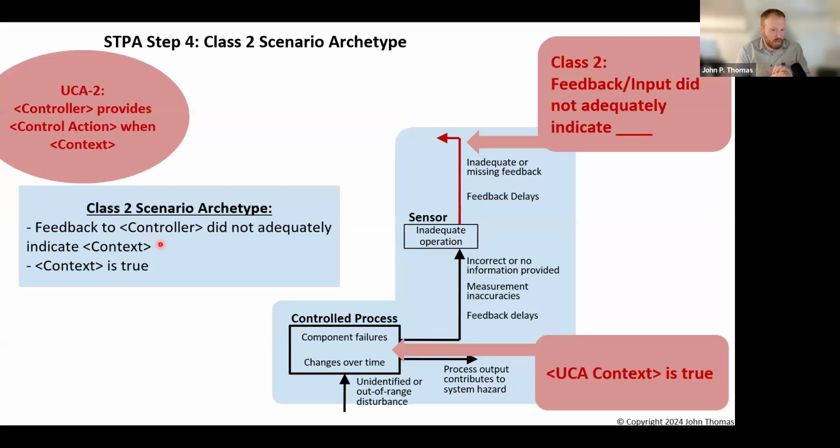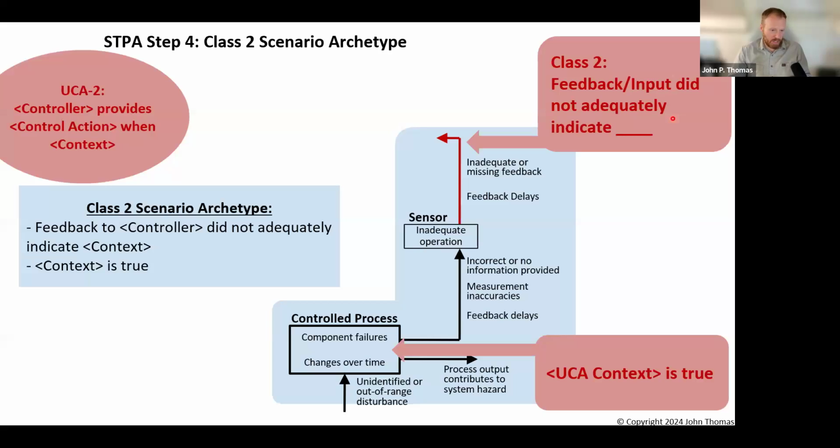This is basically just taking that transfer function concept and applying it to feedback, right? So how can feedback to the controller not indicate this context, which the controller needs to know to prevent the UCA, but the context is true? So we put those side by side. Context is really happening, but the feedback lies in some way. That's our scenario 2 archetype.